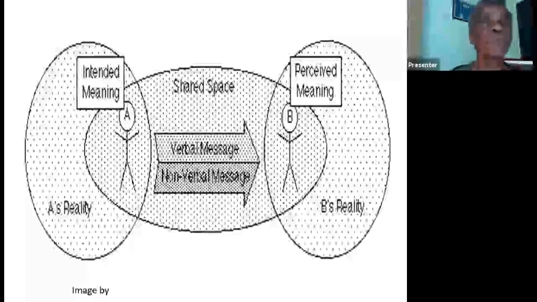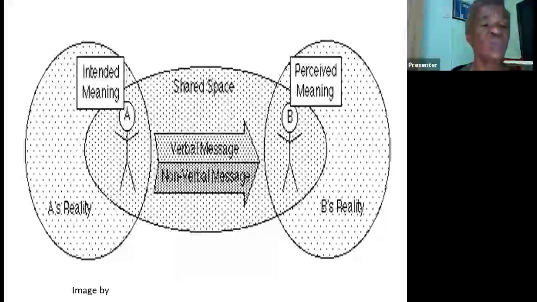All right, so we are talking about realities. This is a slide that we used yesterday, which looked at the realities of the sender versus the realities of a receiver, and how meaning can be distorted, or it may be successful in communicating if the realities are not far apart.